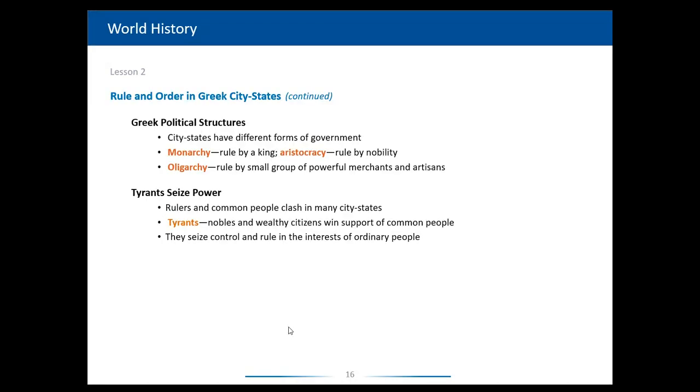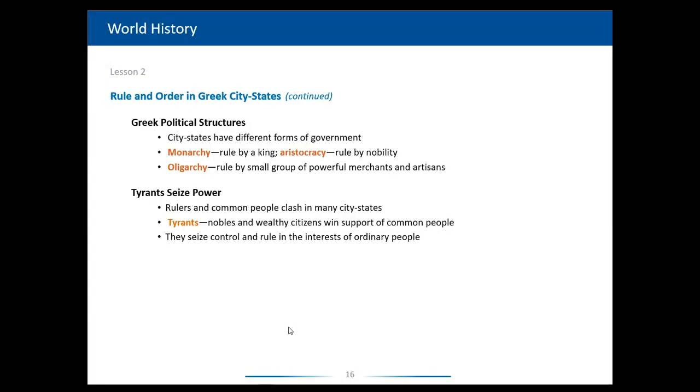Aristocracy is ruled by nobility, and oligarchy is ruled by a small group of powerful merchants and artisans. Oligarchy, all right, and oligarch means, sorry, small, not one, but small.